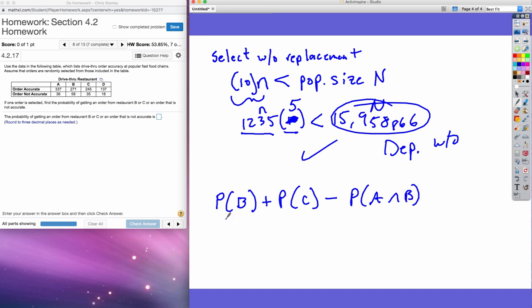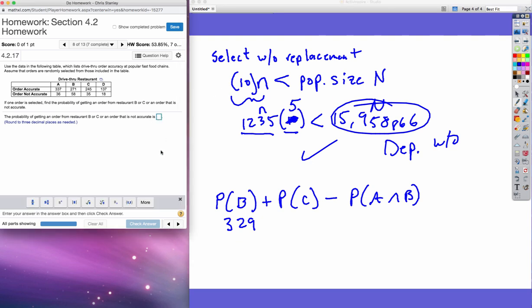So that's 329. Now I'm going to add up all the C's. Oh wait, B's and C's. You can't get a B and a C because they have to go to either one. Or B or C or not accurate. Okay, yeah, I guess we can do that. Or not accurate.